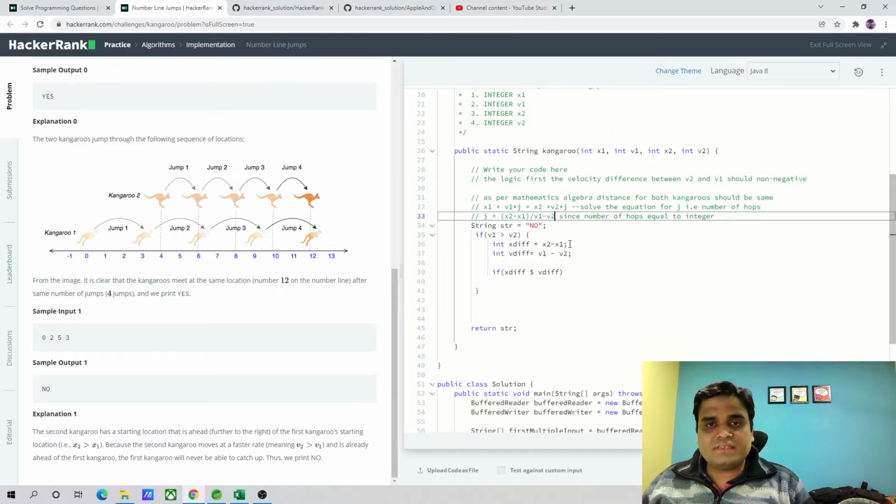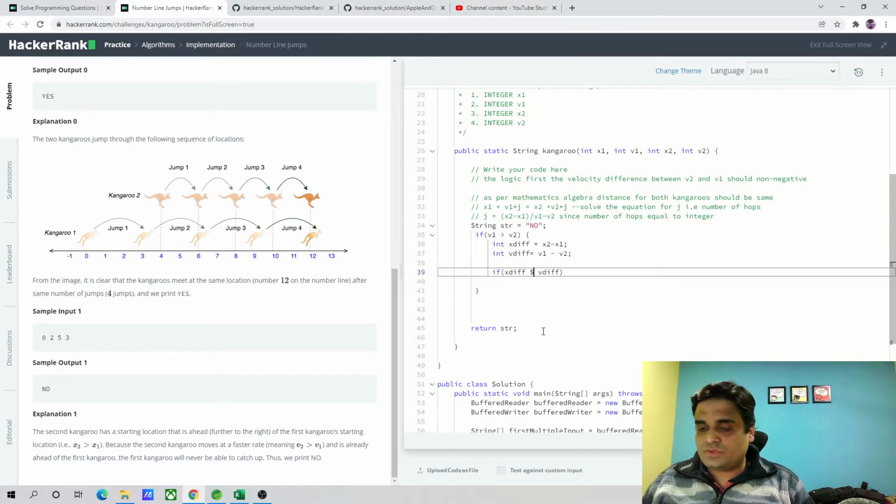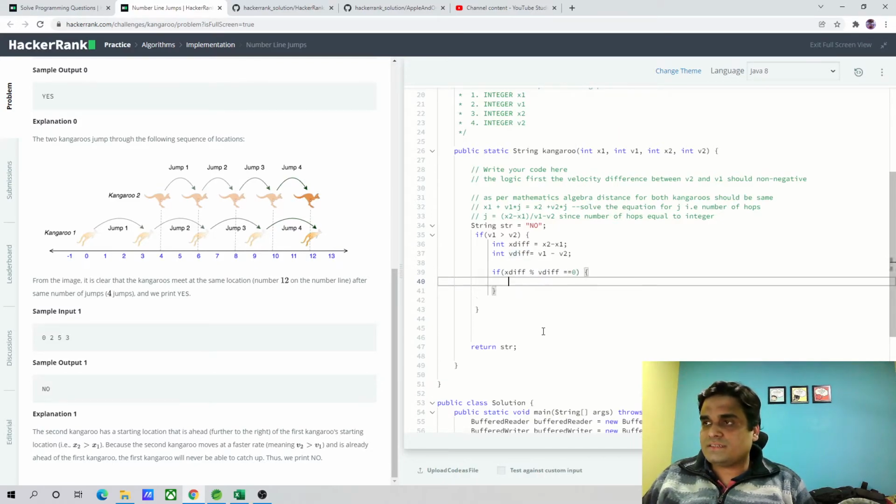Now that makes sense, right? Moving j over, we get x2 minus x1, and this will become v1 minus v2. If the remainder of this division equals 0, that means at some point in the timeline, such as 6, the kangaroos will meet, so we can put the answer as "YES".